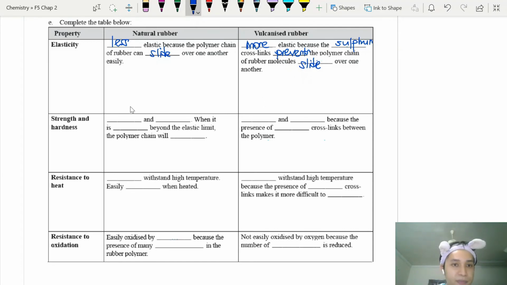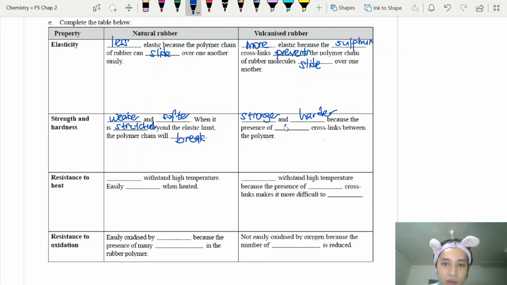Strength. Natural rubber is weaker and softer, and when you stretch beyond the limit, the polymer chain will what? Break. Vulcanized rubber is stronger and harder because of the sulfur cross-links.